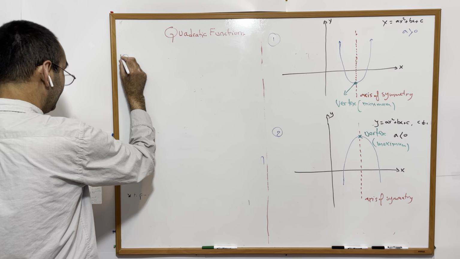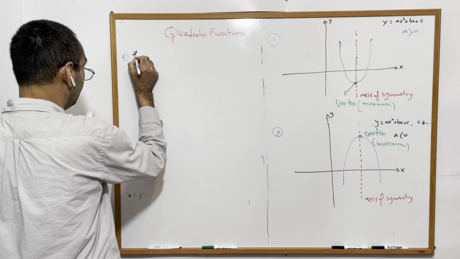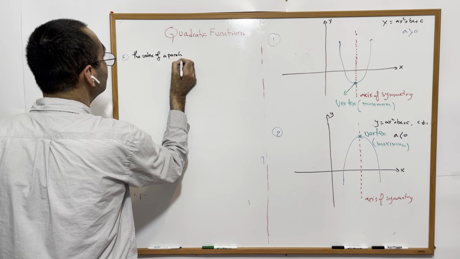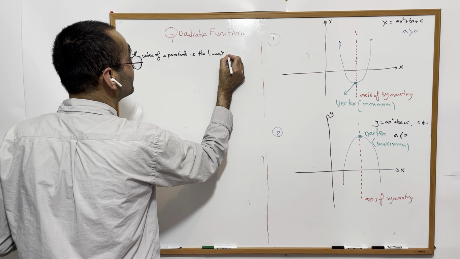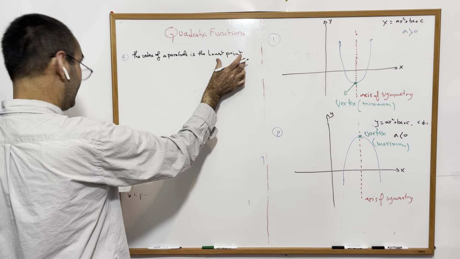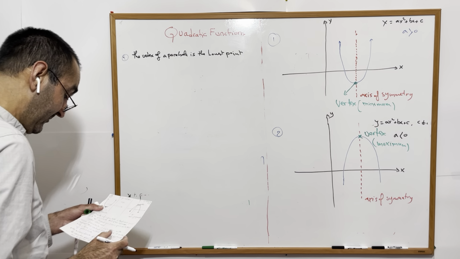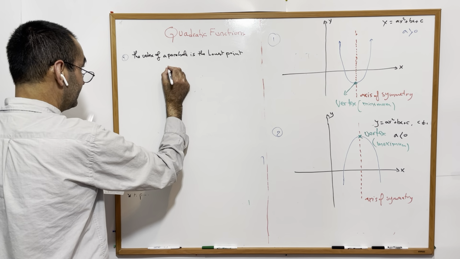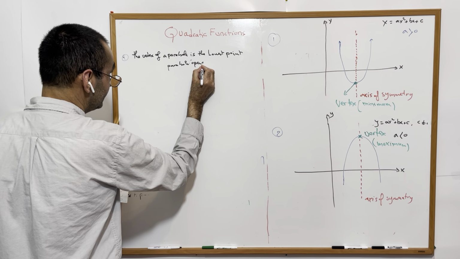In the first one, the vertex of a parabola that opens up is the lowest point.